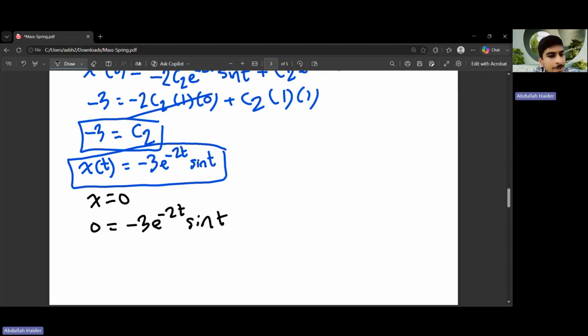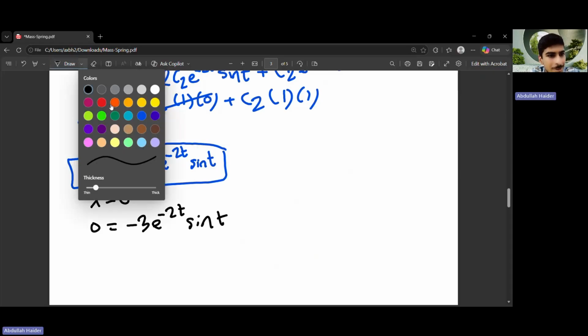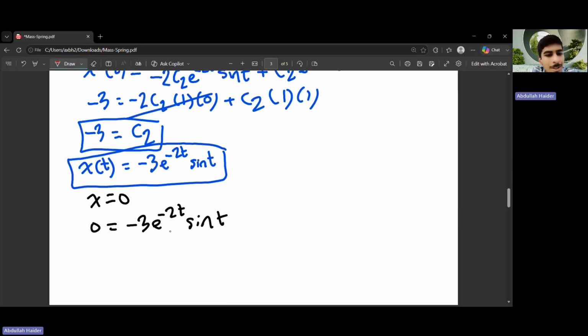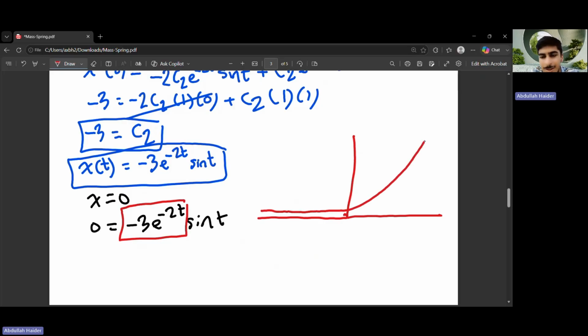Now, if you don't know how to solve this equation, you don't have to go to the calculator, by the way, for this question as well. This part can never be 0. Why? Exponential is always positive. If you draw the graph of exponential, it's always like this, going up like this. It basically never touches 0.